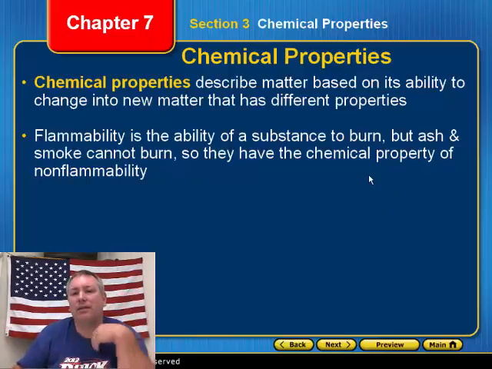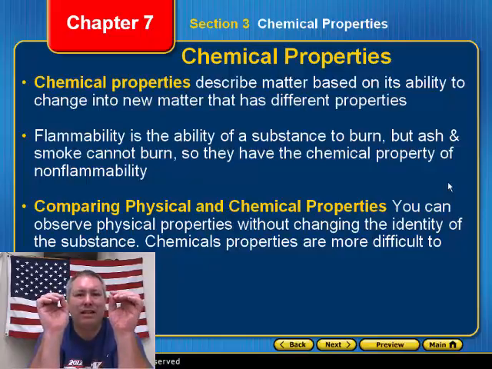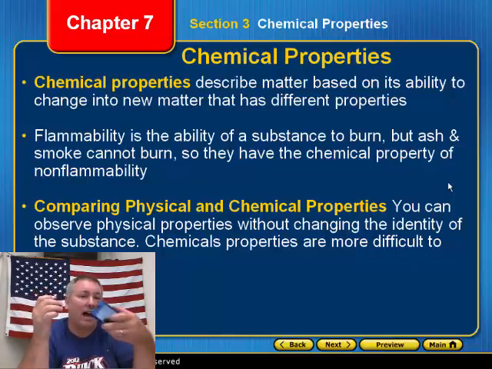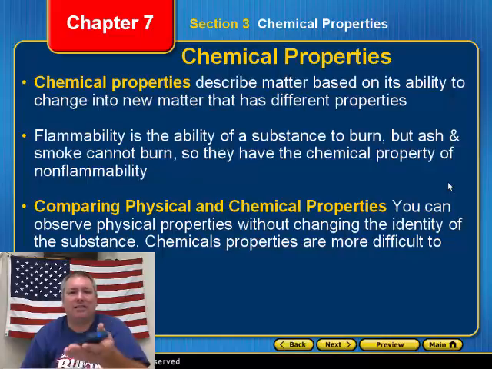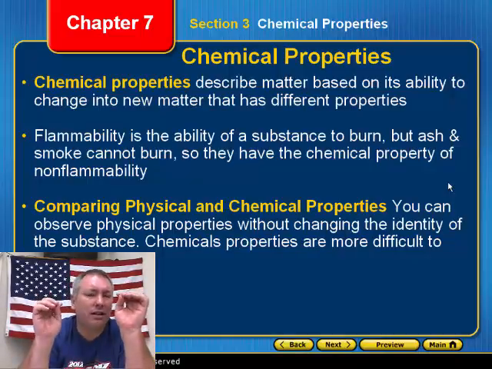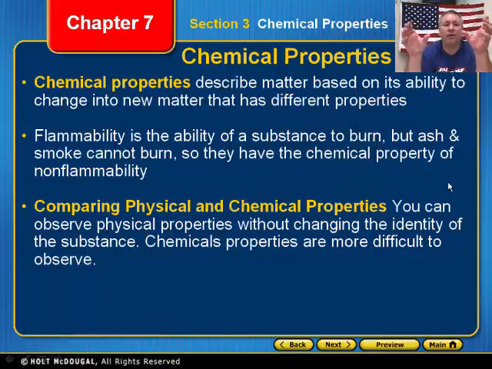When you look at substances, it's typically easy to identify the physical properties of an object. You can talk about its size, its color, its shape, its density, those different types of things. But chemical properties are harder to describe just from visually seeing.